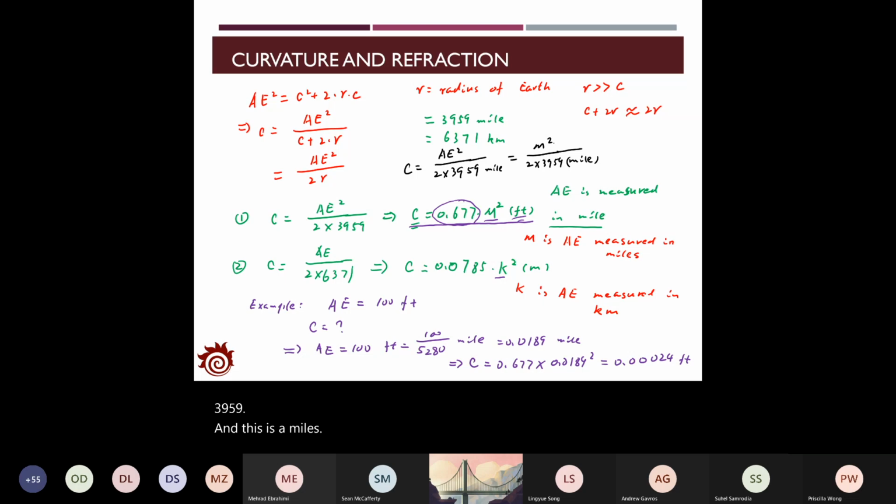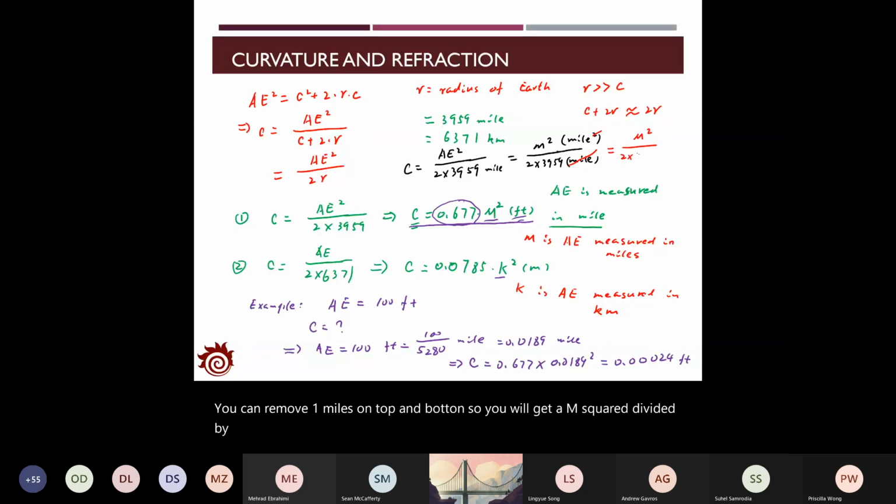On top, you have M times M, so the unit should be miles squared. What you will eventually find is that you can remove one mile on top and bottom, so you will get M squared divided by 2 times 3959 miles.